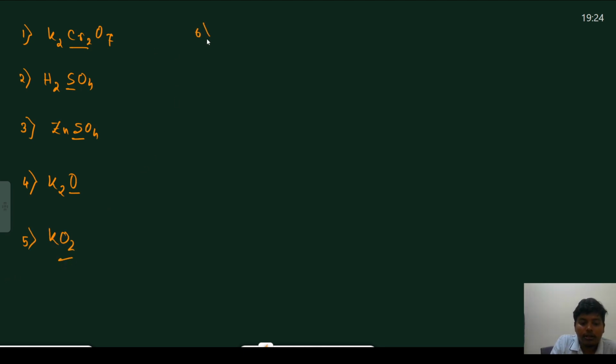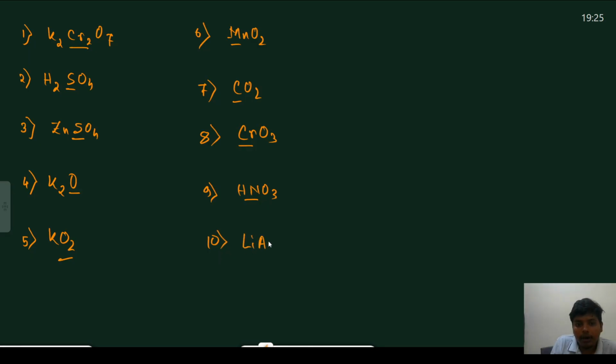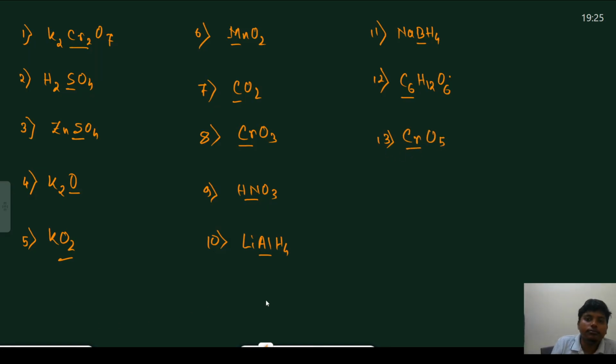Sixth, MnO, manganese. Seventh, carbon dioxide, carbon. Eighth, chromium trioxide, chromium. Ninth, HNO3, nitrogen. Tenth, lithium aluminum hydride, aluminum. Eleventh, NaBH4, boron. Twelfth, C6H12O6, carbon. Thirteenth, CrO5, chromium.